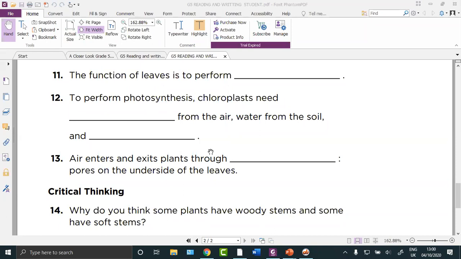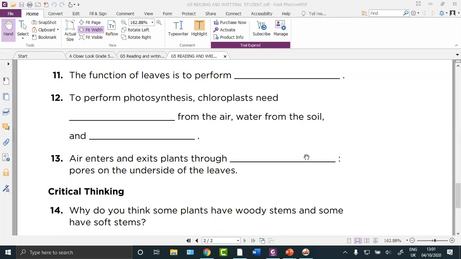Number 12. Yes, answer. To perform photosynthesis, chloroplast needs carbon dioxide from the air, water from the soil, and energy. And sunlight. You can see energy, sunlight.